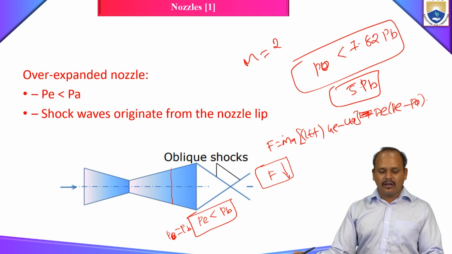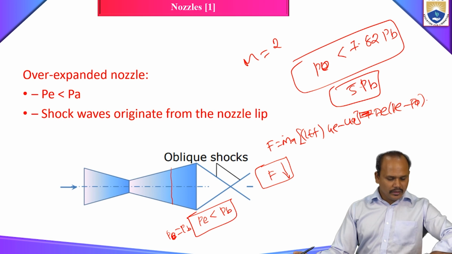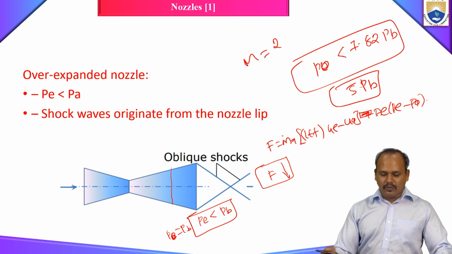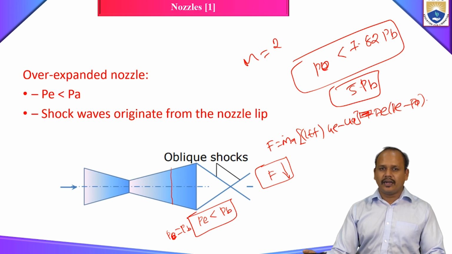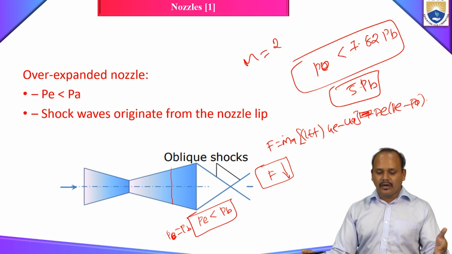So these are the operating conditions of our convergent divergent nozzle. For your convergent nozzle, we have two operating conditions: one is the underexpanded case, another is the correctly expanded case. Both subsonic flow generation as well as sonic flow generation, up to P naught equal to 1.893 times PB, come under the category of correctly expanded case.